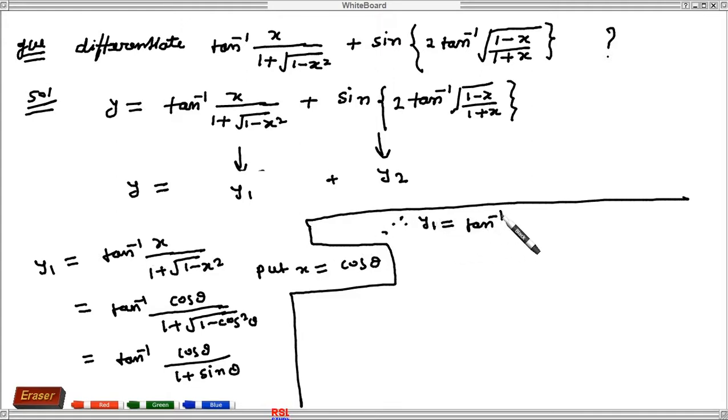Hence y1 will be tan inverse cos theta by 1 plus sine theta. Put theta equal to 90 minus phi.